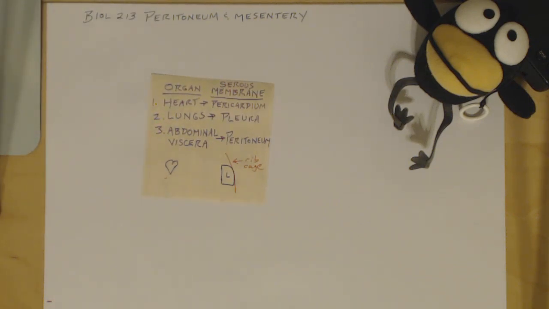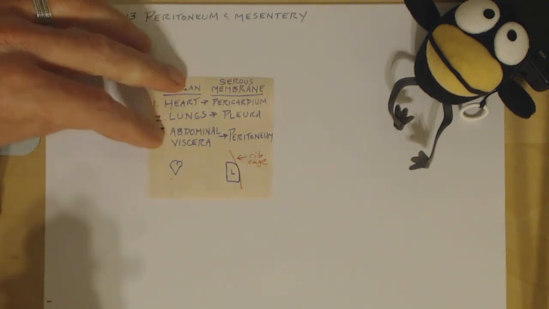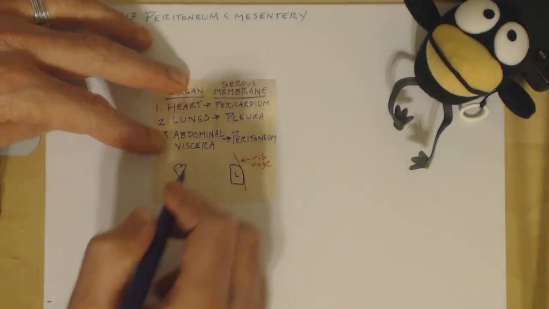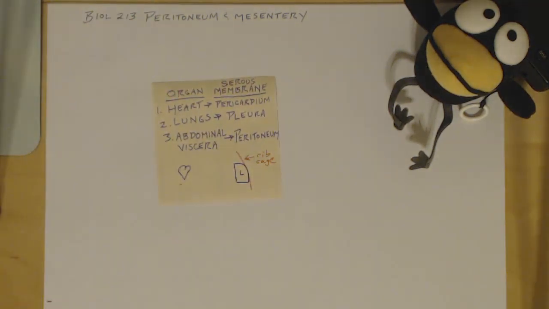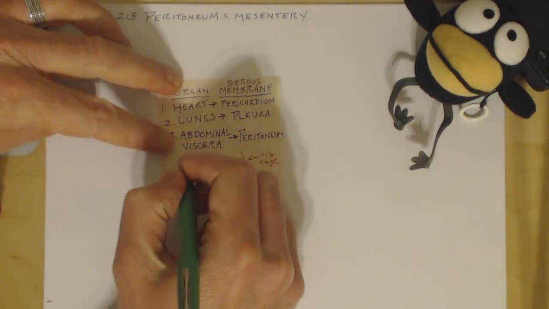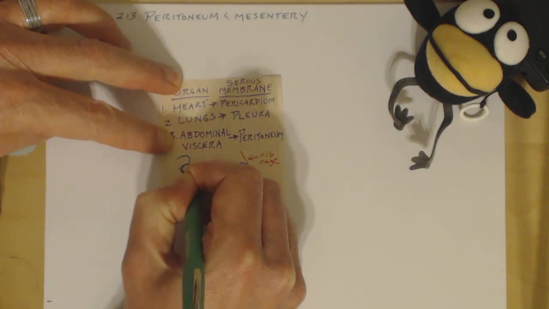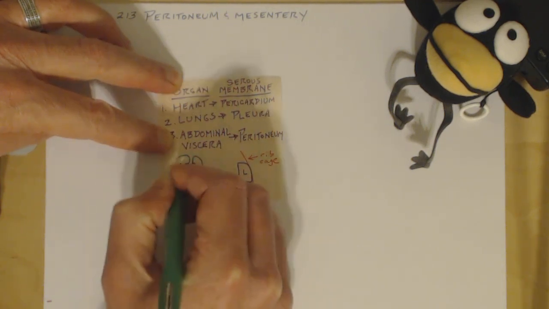Regardless of what the organ is, the serous membrane surrounding it works pretty much the same way in the heart and the lungs. So for example, here you have your heart, and the serous membrane surrounds the heart something like this. I'm exaggerating the nature of the membrane just so you can see it a little bit better.